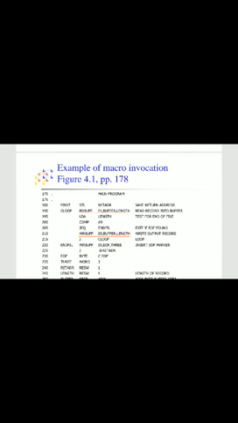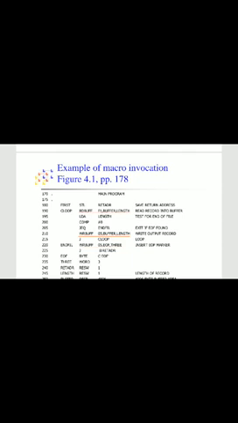What is this RDBUFF? RDBUFF is defined as a macro. We are passing three arguments, F1, BUFFER, and LENGTH. These three arguments are going to be mapped to the corresponding parameters in the macro definition. Similarly, on line numbers 210 and 220, WRBUFF is called twice.